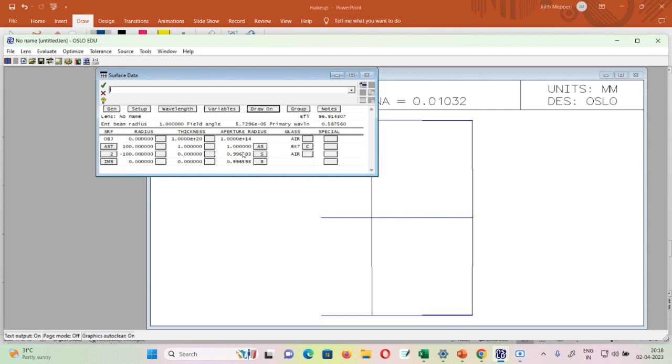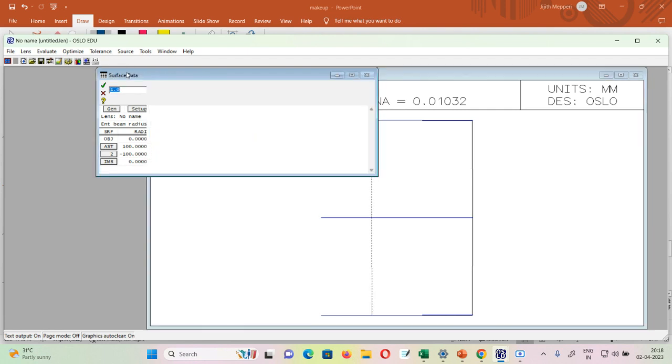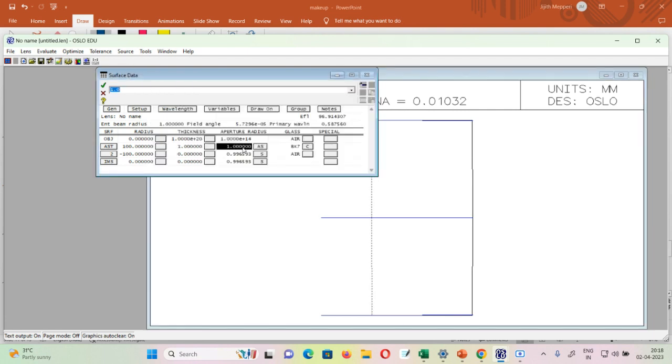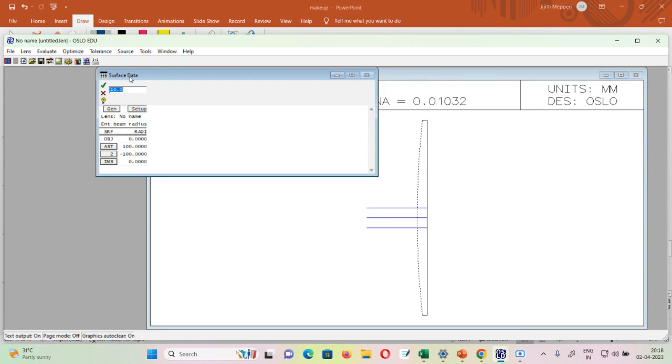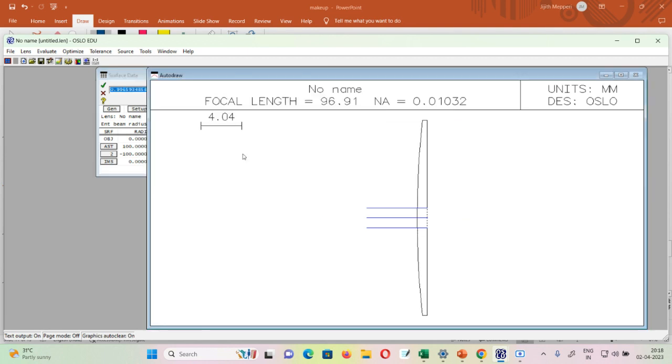So actually I can increase the size of my lens. The two surfaces of my lens are 1 mm only, so I am going to increase it to 10 mm here. For the second surface, you can see that it took the formation of one lens.